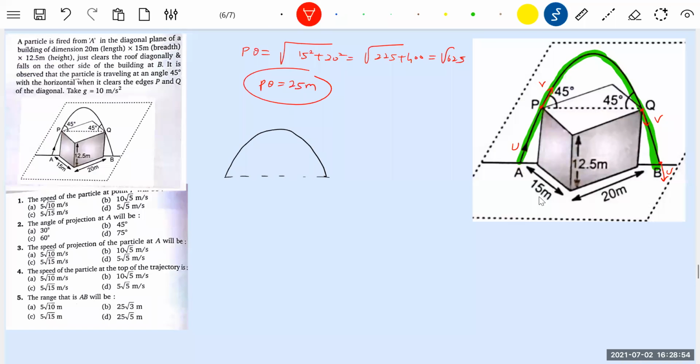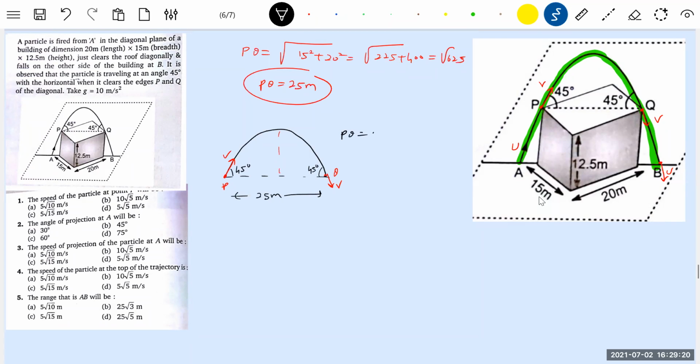This question just wants you to open your eyes. That's all I feel. You have to open your eyes and search things, what all you can find out. So this is P. This is Q. This angle also we know. Of course, we are not projecting from P, so it just passes P and Q. So this distance is what we know, 25 meter. This is like a range.